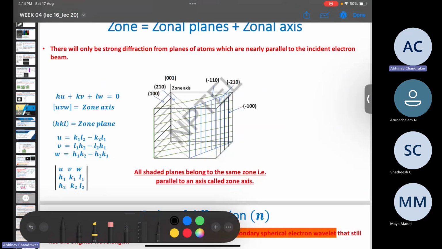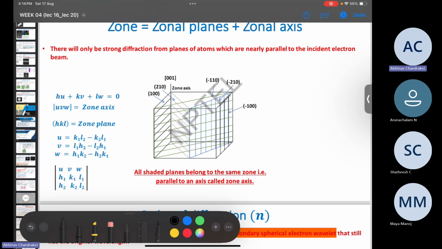We have multiple different atomic planes in any crystalline material. We know that all of these planes will cause diffraction with the electron beams, and as a result, you will have multiple diffraction spots coming.